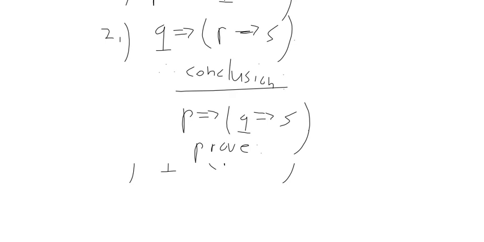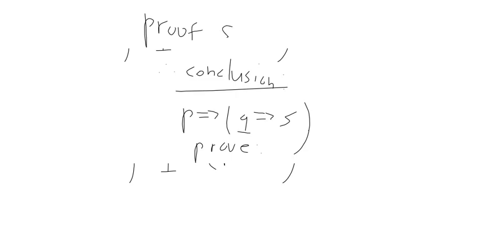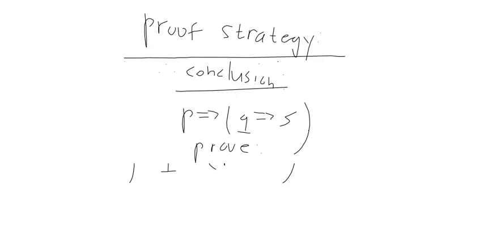Okay, so let's look at how we're going to set up our proof strategy. This is not the formal proof, this is strategizing how to do these. Because if you don't set up a strategy, it can be tricky to prove these actually.